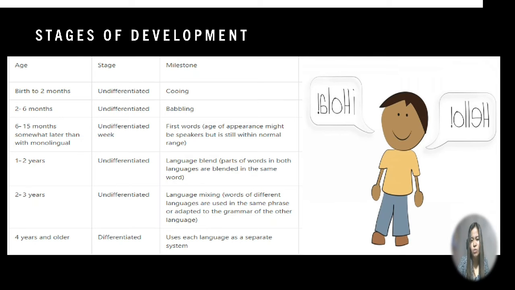Bilingual children usually are not equally skilled in both languages, and often they understand more in one language but speak more in the other. These are the stages of development in the simultaneous acquisition of bilingualism.